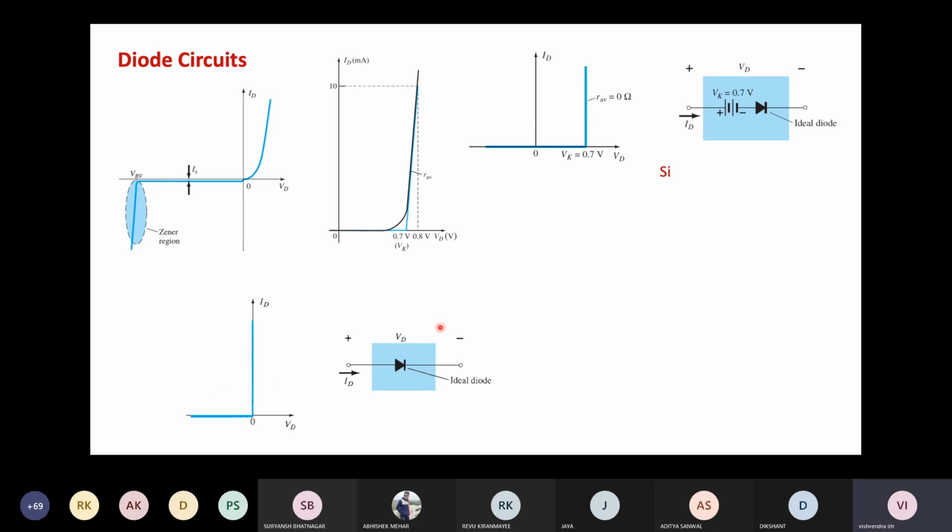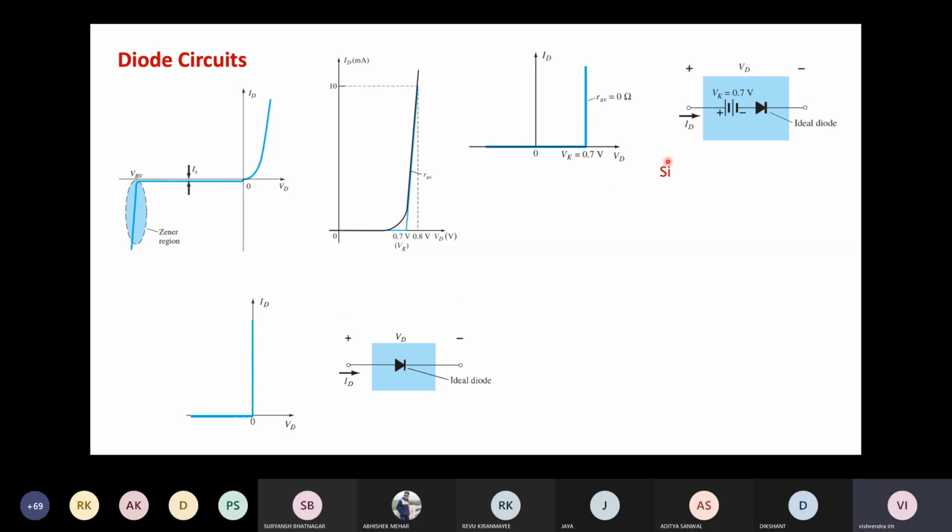So switch on for positive voltages and switch off for the negative voltages, or short circuit for the positive voltages and open circuit for the negative voltages. So this is the ideal diode model. Whenever it is specified in any question that assume the diode to be an ideal diode, in that case just take this characteristics of the diode. Otherwise, if it is said that it is a silicon diode with cut-in voltage of 0.7 volts, generally this model of the diode is used.